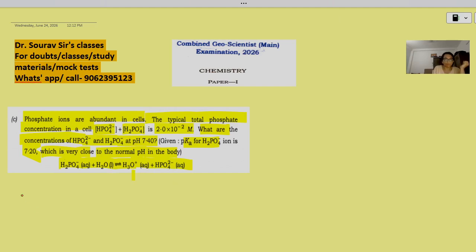So now we can solve this question on the basis of the pH calculation method, using the Henderson-Hasselbalch equation.